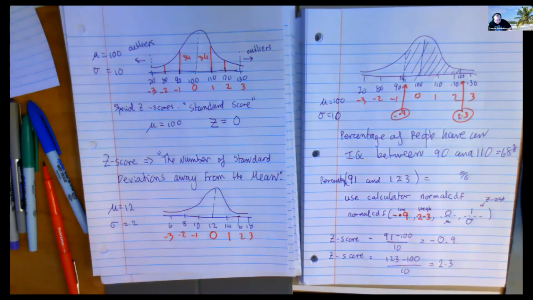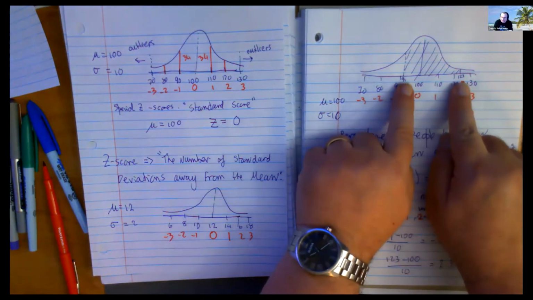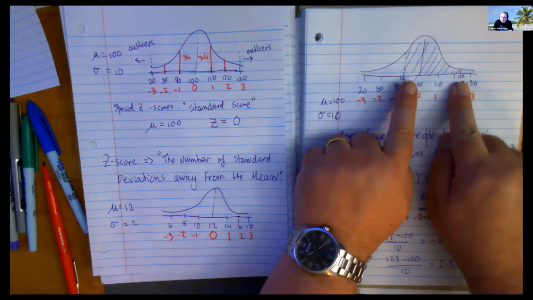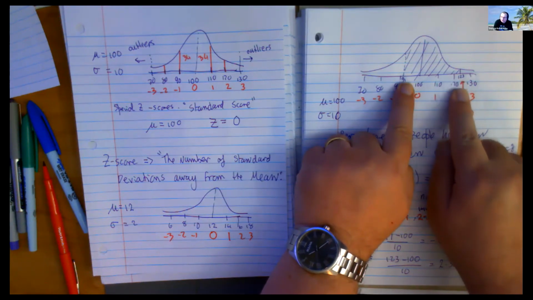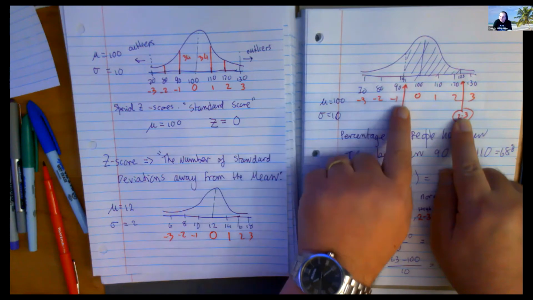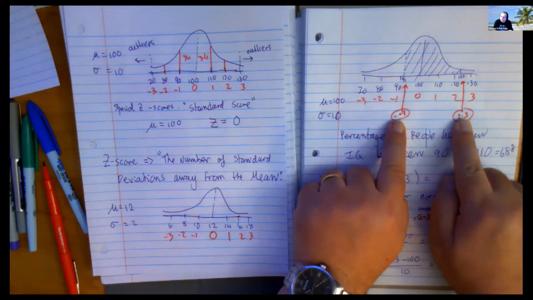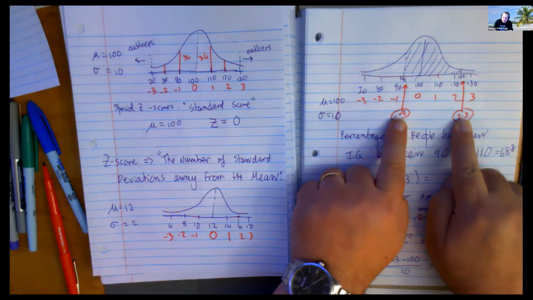So what happens here? Let's do a big picture. You want to know what percentage of people have an IQ from 91 to 123. What we're having to do is convert these numbers into what their z-scores would be. So now I'm trying to find what percentage of z-scores is between here and here. And that's the same thing as what we're originally looking for.